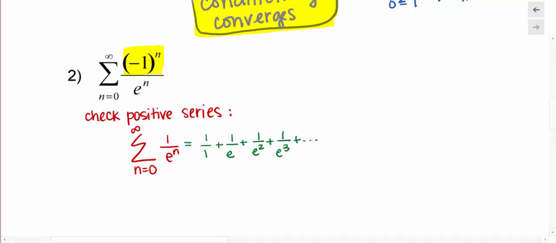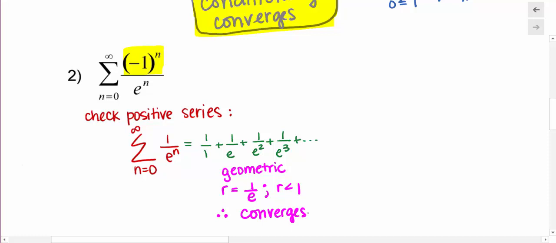And hopefully you can see that this series is geometric and has a common ratio of 1 over e. And that ratio is definitely less than 1, which means by the geometric series test, that series converges.